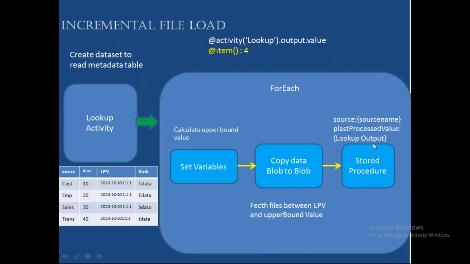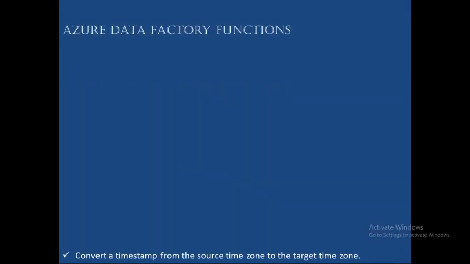Once we have everything set up, the ForEach will give one item at a time. First item: the process, cost 10, duration 10 minutes, the last processed value, and the sync. Next. One by one it will give the items, and we need to process them. Clear? Now let's go to the Azure Data Factory functions.